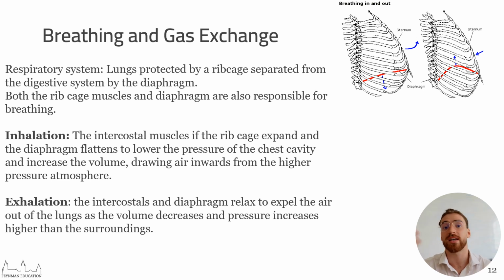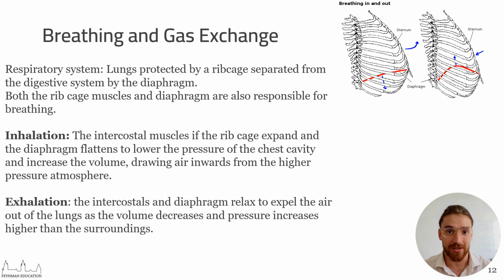This is going to cause air from the outside to rush into our lungs. That air is going to be richer in oxygen. So the oxygen is going to go into our blood system and carbon dioxide out.